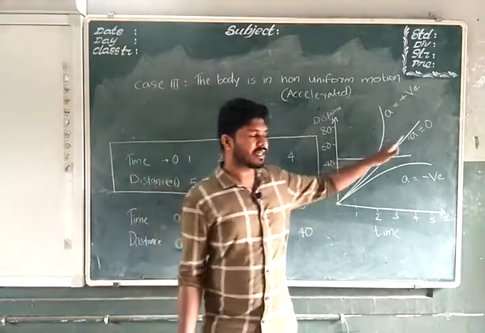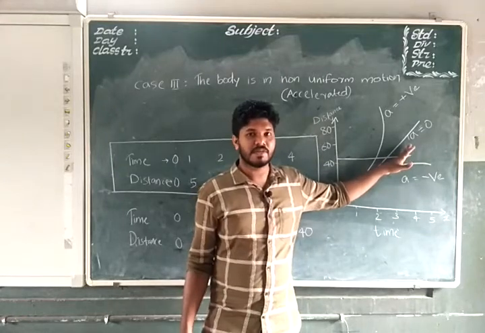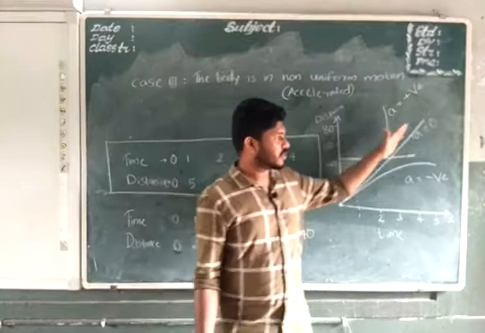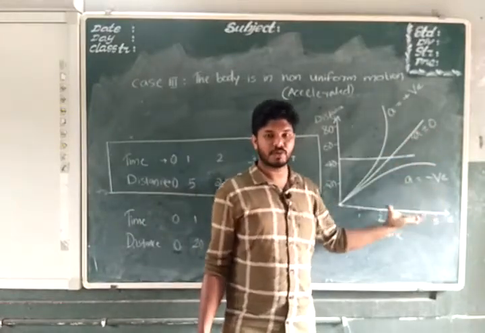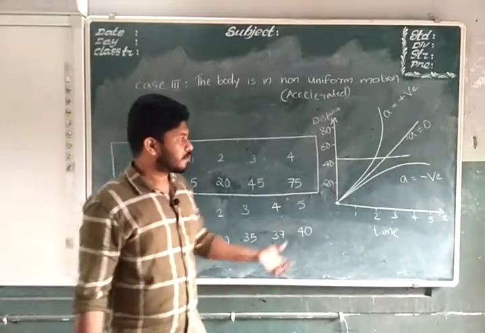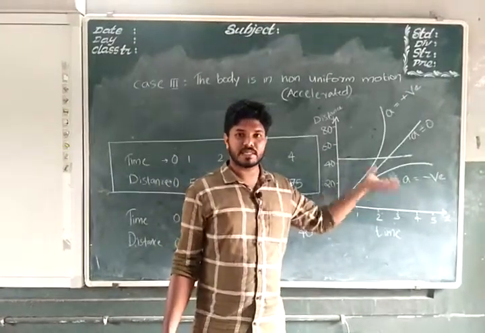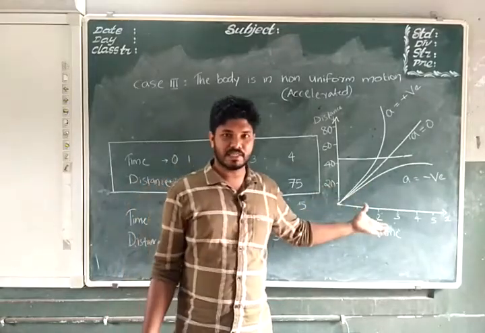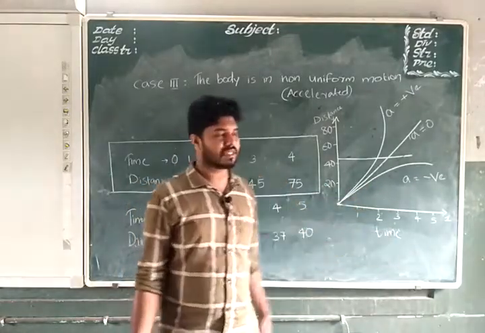We can find the slope of the graph if it follows a uniform motion, and the slope of the graph gives us information about the speed or velocity of the object.